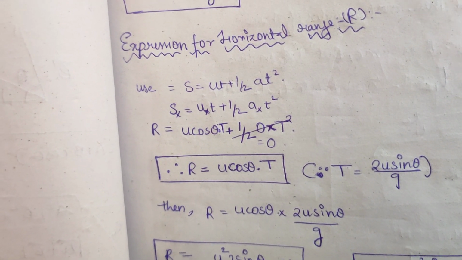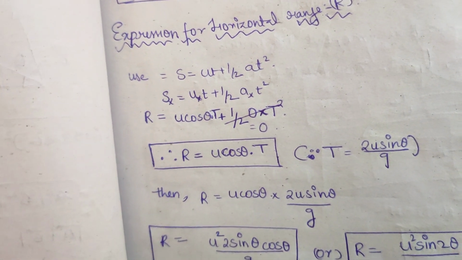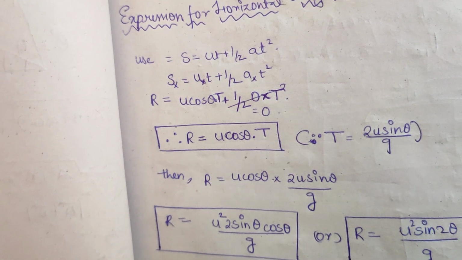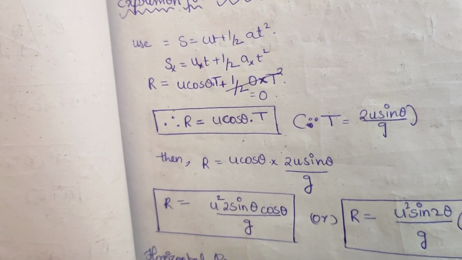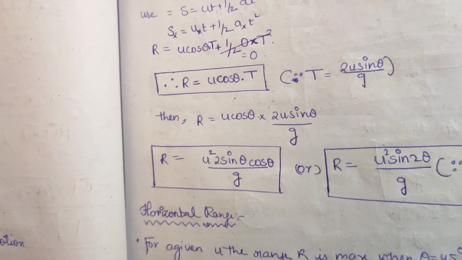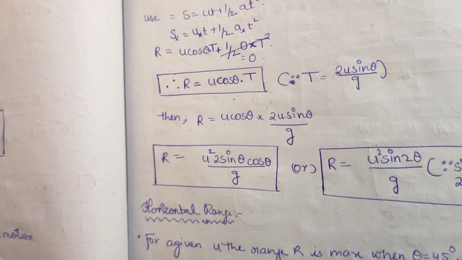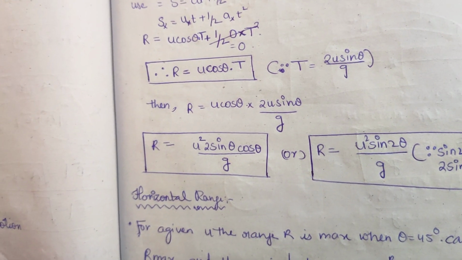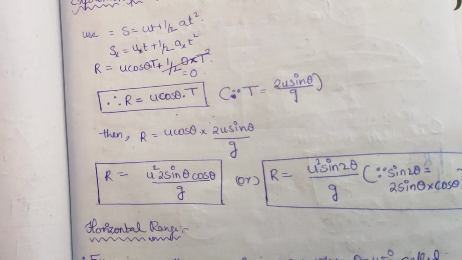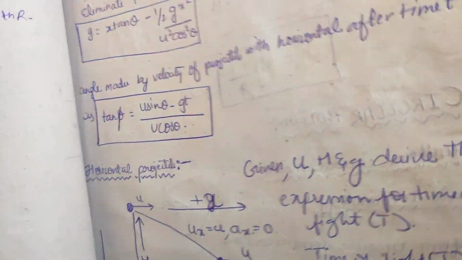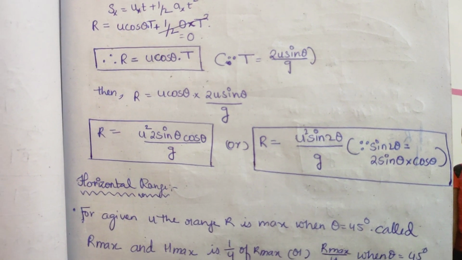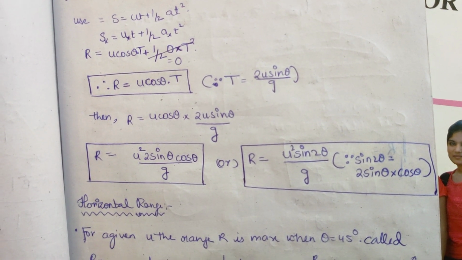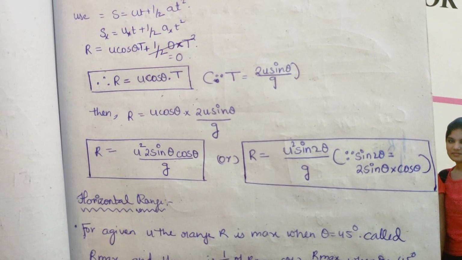We know that t is 2u sin theta by g, so we'll substitute here. Then R equals u cos theta into 2u sin theta by g. Then R equals u square 2 sin theta cos theta by g, or we can write R equal to u square sin 2 theta by g. As we know, sin 2 theta equals 2 sin theta into cos theta.